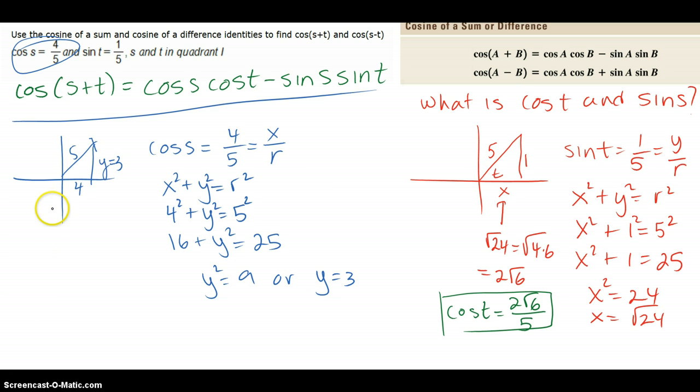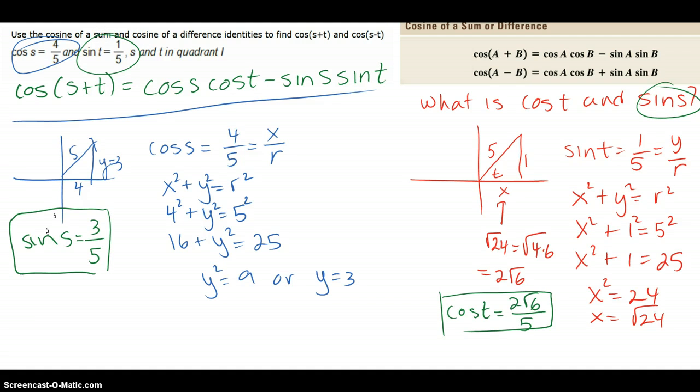So now if I want to know what sine of s is, which is what we were trying to find in the first place, we know that is y over the r. We can use that as well. So now using our original information and that, we can put it all together and find the cosine of s plus t.